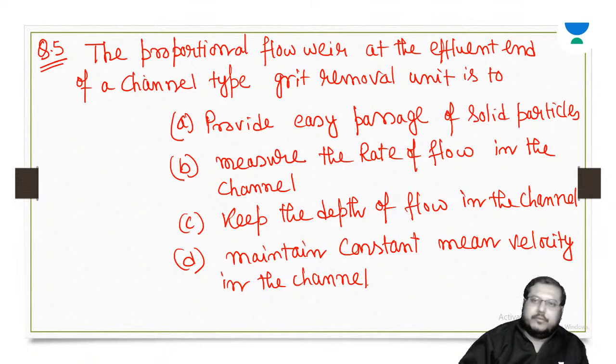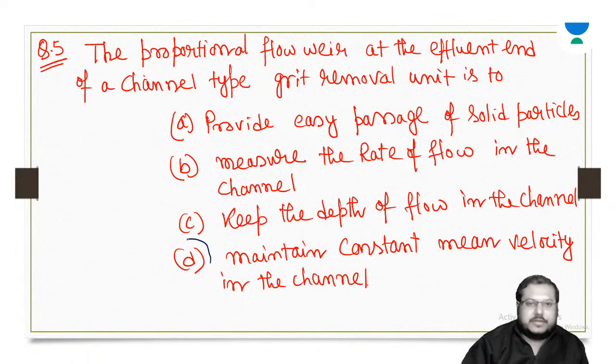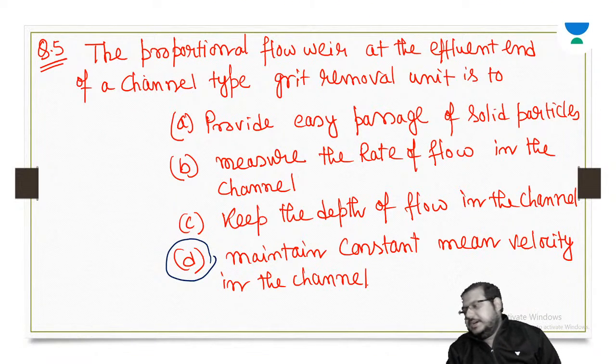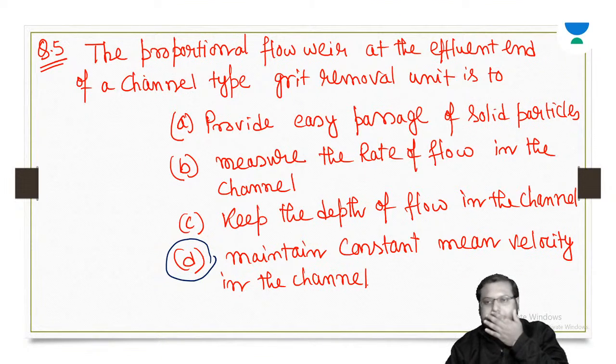So the weir and notches are to control the flow and to maintain the mean velocity in the channel. That is, option D will be your correct answer.